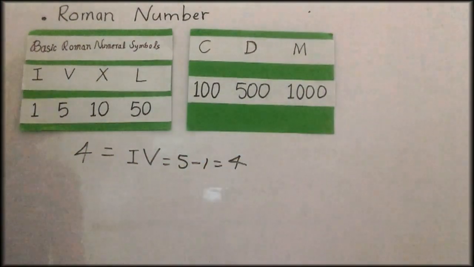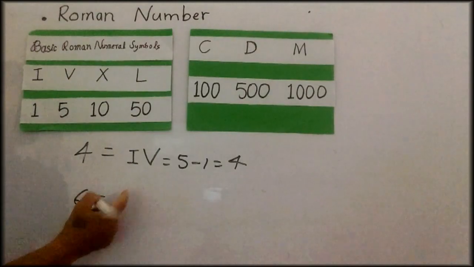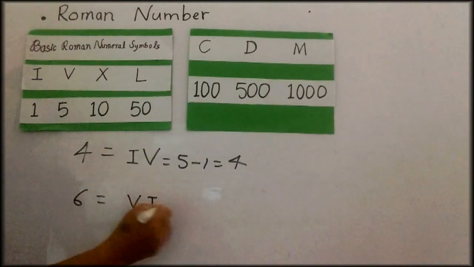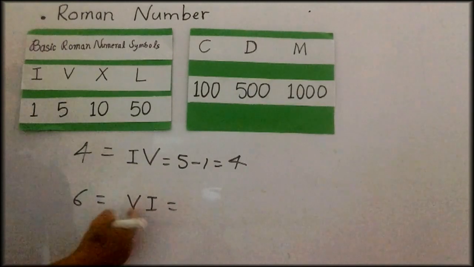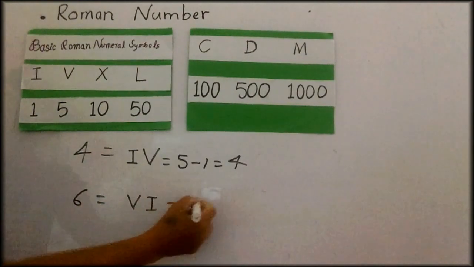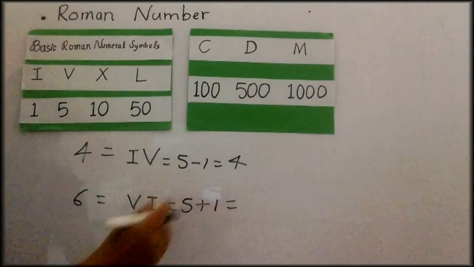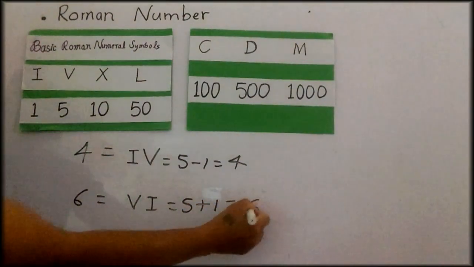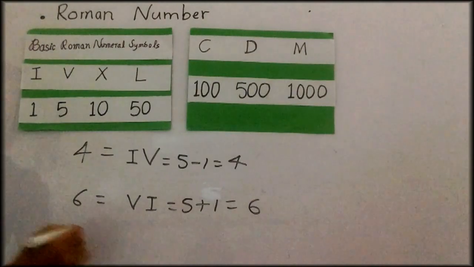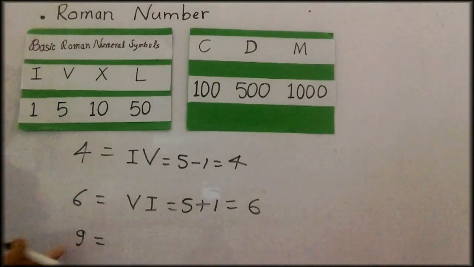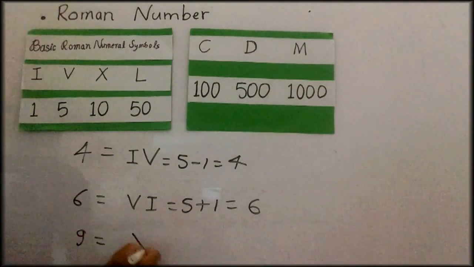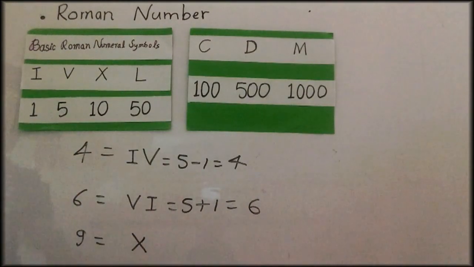So I comes before V, which means subtraction. So 5 minus 1, which is 4. Now I can write 6: VI. VI means V, then I. I comes after V. If the smaller letter comes after the greater letter, that means addition. That is the rule. So which is 6.